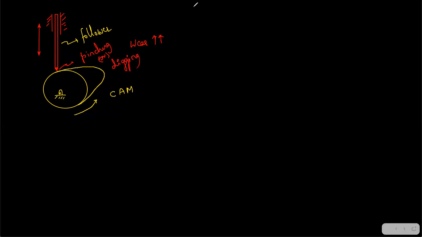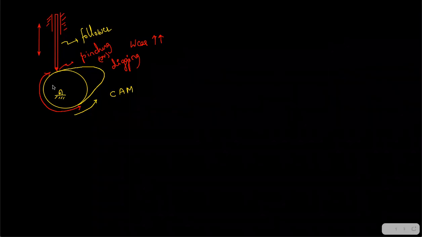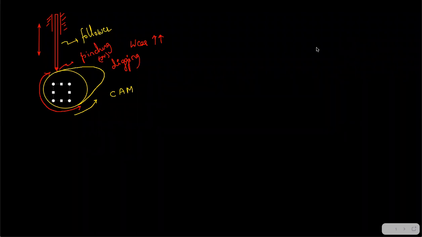Now you need the motion of the follower to be an intermittent motion. Intermittent motion means that for this amount of time the follower is not going to go up or come down. Let's say the radius is taken from the center of the circle.